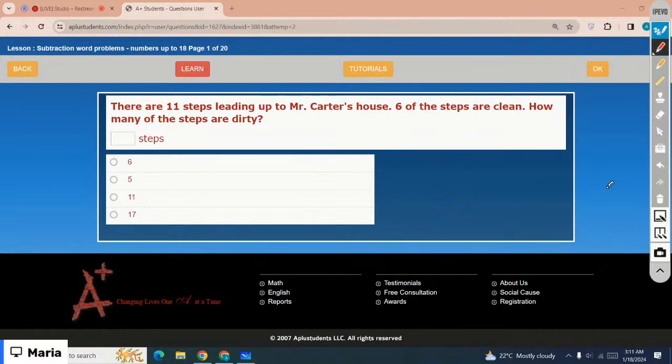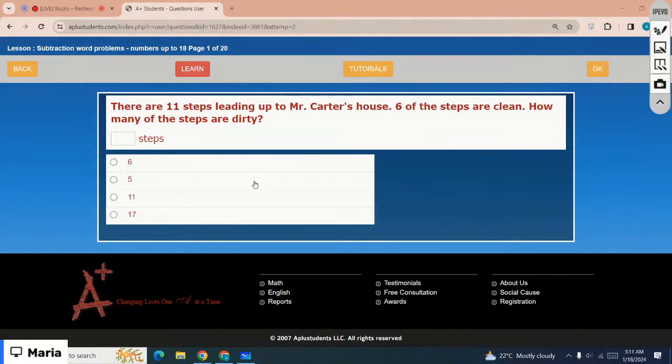That means if 6 of them are clean, the steps that are still dirty are 5. Got it?